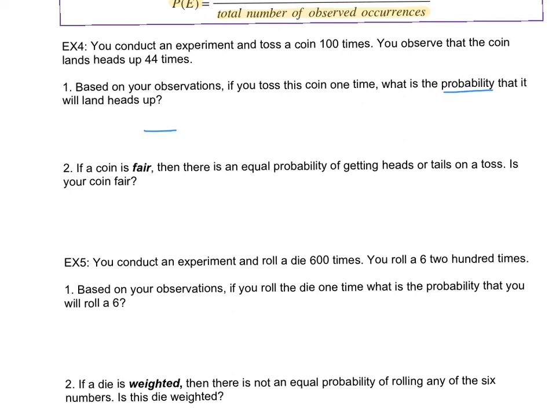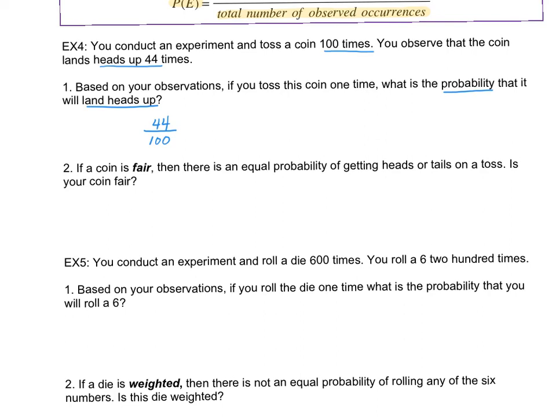The event is landing heads up. So this event, heads up, we found that that was 44 times in our experiment. We tossed the coin a total of 100 times. So the total number of observed occurrences would be 100. Tossed it 100 times, 44 times heads up.